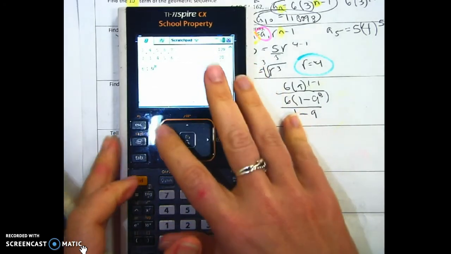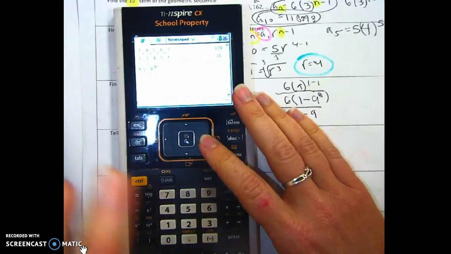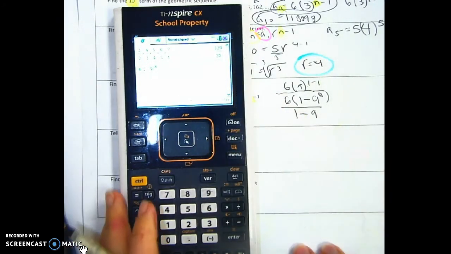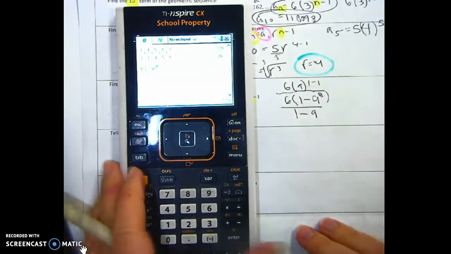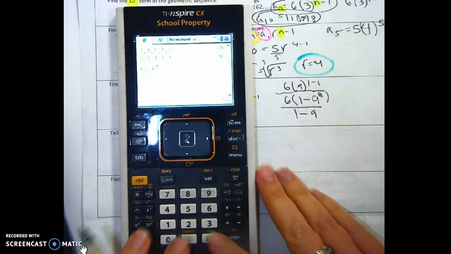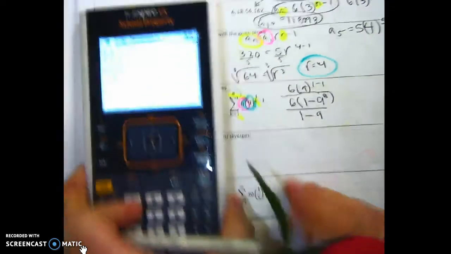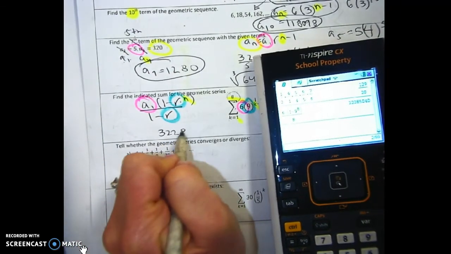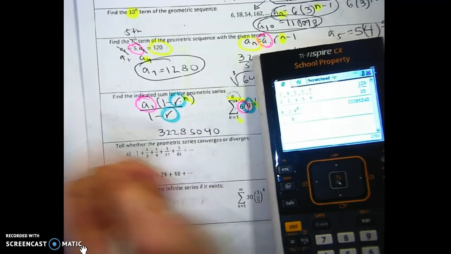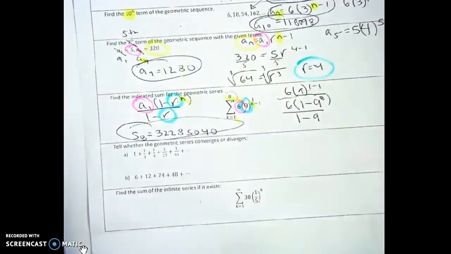Now I would be careful and I would put it in parentheses, just because if that 9 was negative and you didn't put it in parentheses, you would get a different answer. Okay? All right. And then 1 minus 9 is negative 8. And it gives me a really big answer, which makes sense because the ratio is huge. So it looks like 3, 2, 2, 8, 5, 0, 4, 0. And that's the sum of the first 8 numbers.